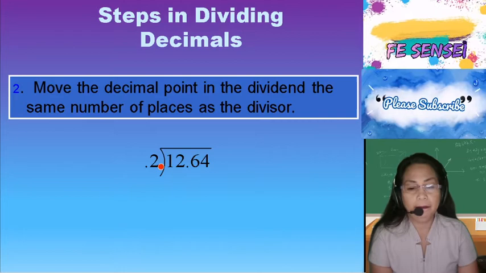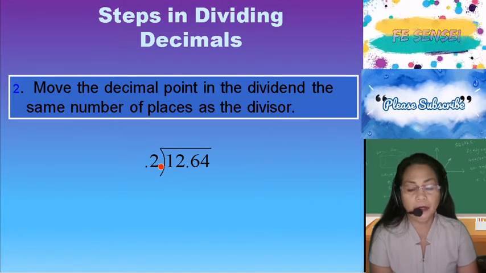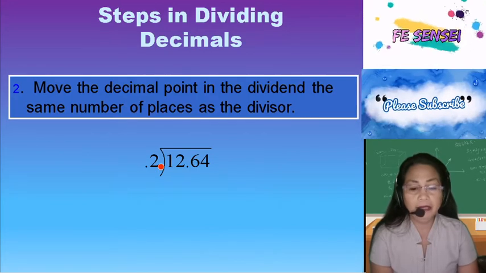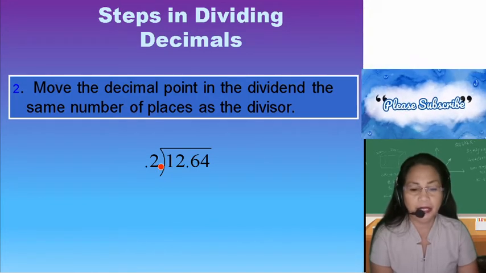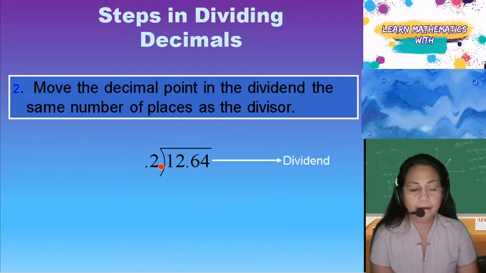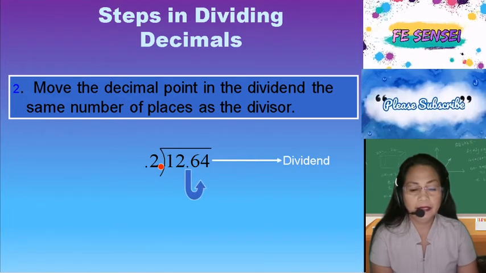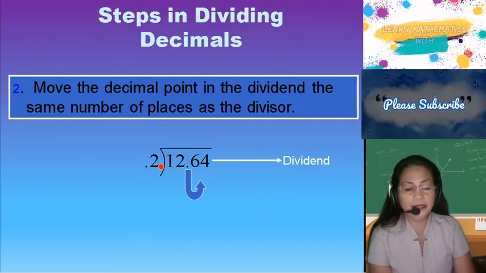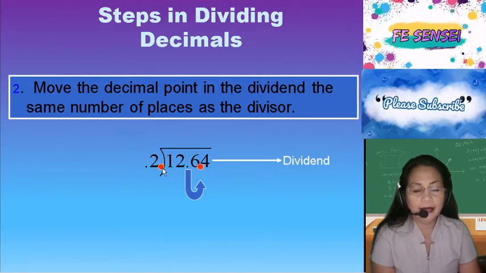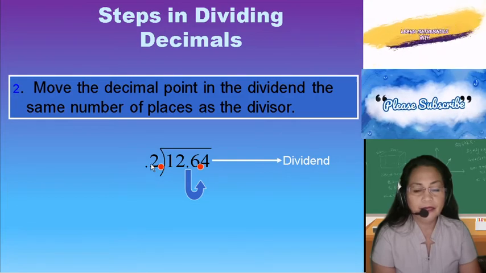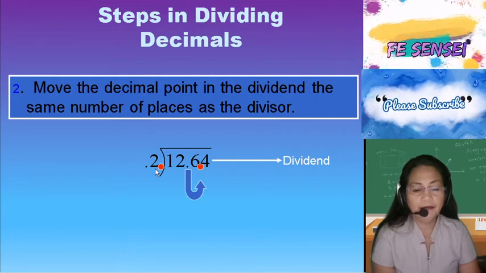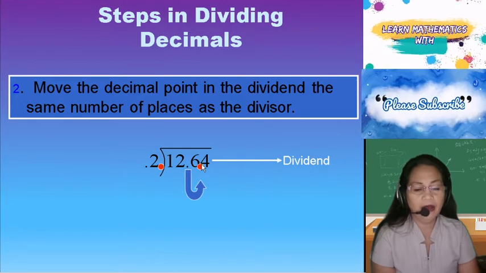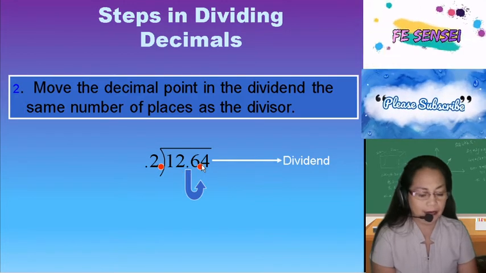Then, step 2. Move the decimal point in the dividend the same number of places as the divisor. This is the dividend, and you have to move the decimal point to the right like you moved in the divisor. So, move 1, and the decimal point is here.